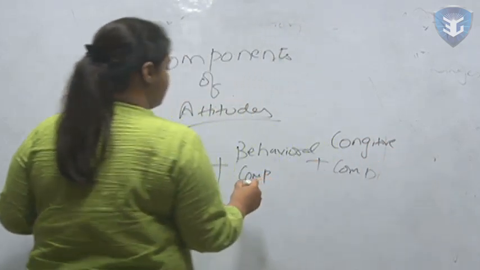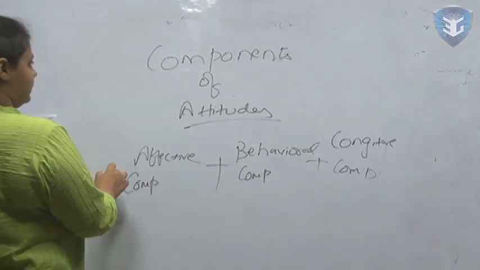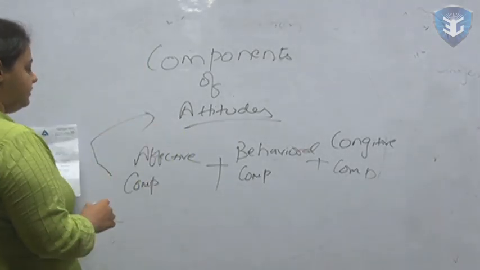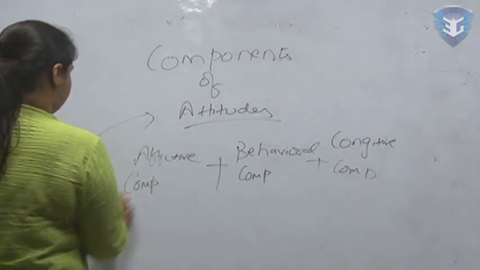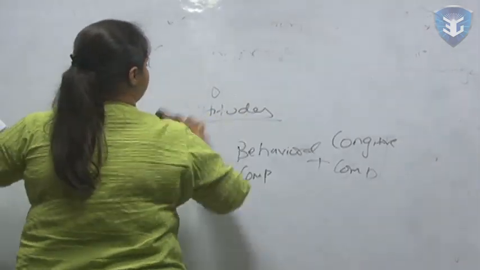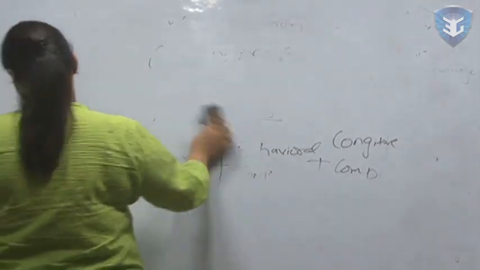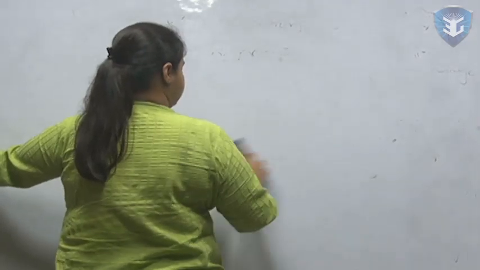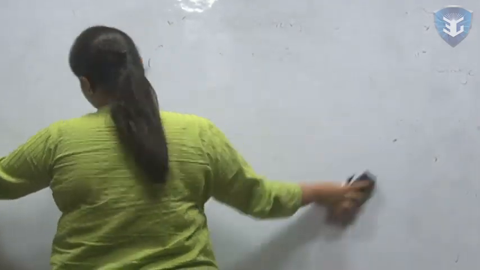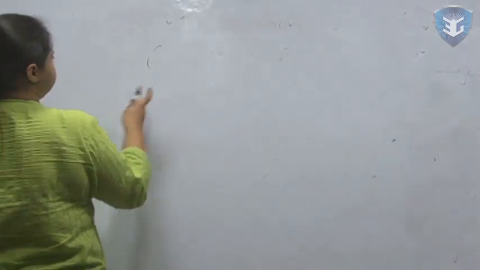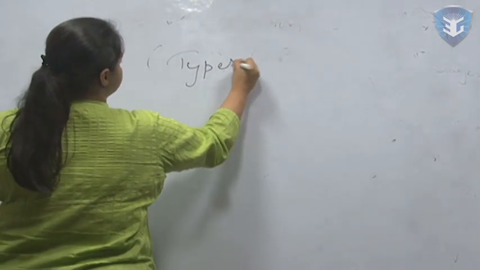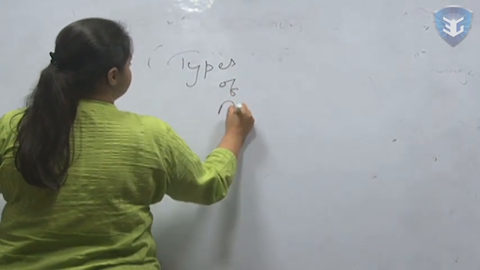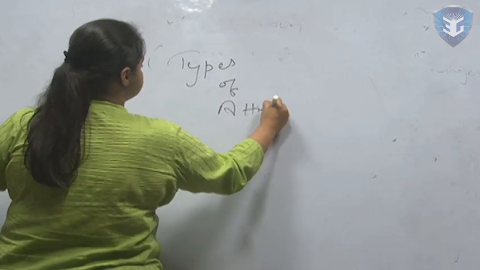The three major components that are combined to form someone's attitude are affective, behavioral and cognitive. These three combine and tell us about the different types of attitudes that can be seen in different individuals.